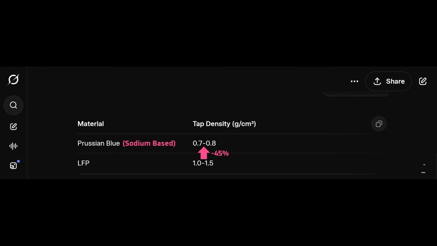As a result of the loose packing, the density of sodium-ion cathode powder is, on average, around 45% less dense than an LFP cathode material of the same gravimetric energy density. So does that mean using a sodium-ion cathode material results in a battery cell that has a volumetric energy density that's around 45% lower than an LFP battery cell?